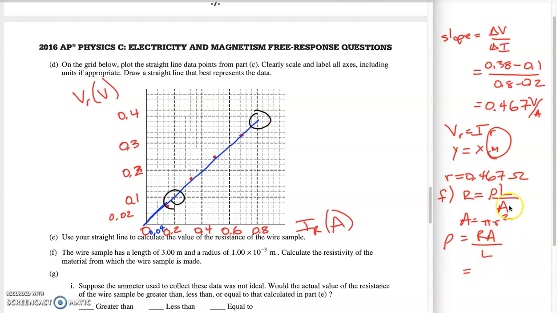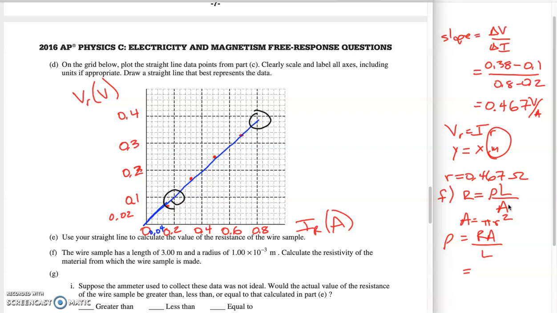And when we plug in these numbers, let's see here, we should get resistance is 0.467 times pi times the radius squared, and then divide by the length, which in this case is 3 meters.